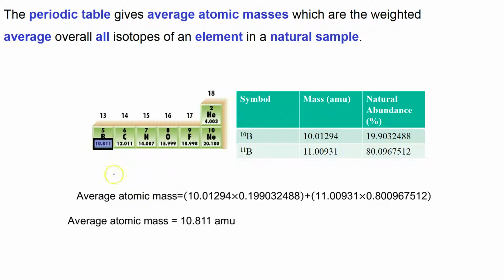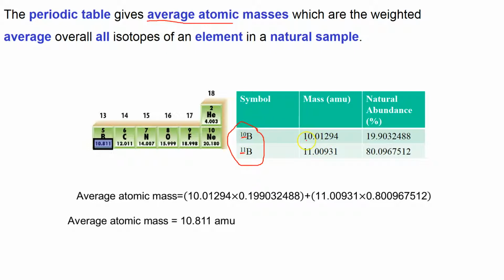So in the periodic table, normally written below the element symbol, will be given an average atomic mass. This average atomic mass is a weighted average that takes into account the proportions of all of the different isotopes that are present in a natural sample of an element. If I look at something like boron here, we saw earlier that boron has two isotopes, a lighter one with 10 particles in its nucleus, and a heavier one with 11 particles in its nucleus.